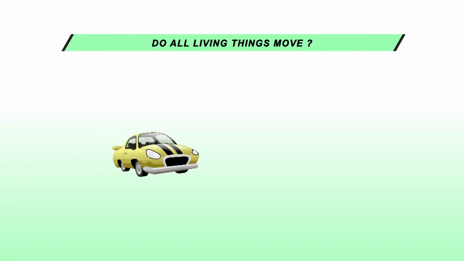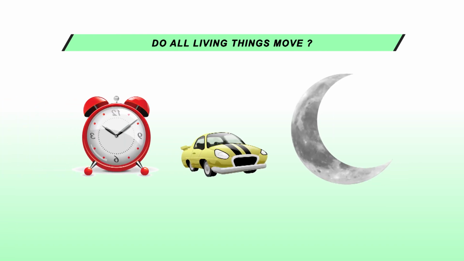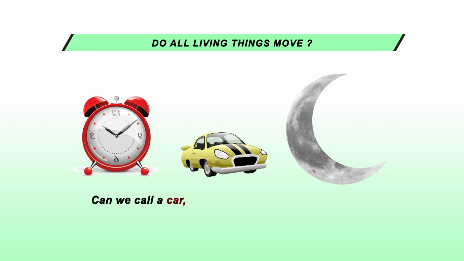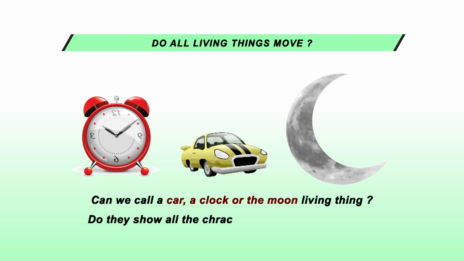Thus, we saw that all living things seem to have some common characteristics. Do we find some non-living things that also show some of these characteristics? Can we call a car, a clock, or the moon a living thing? Do they show all the characteristics of living things?